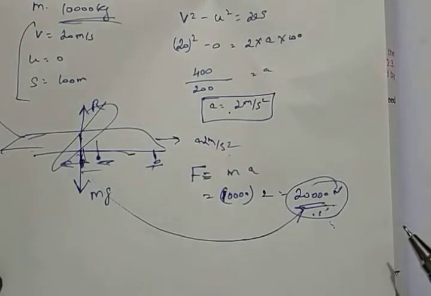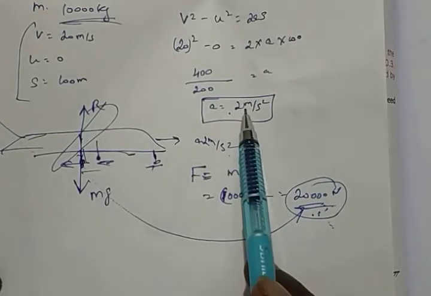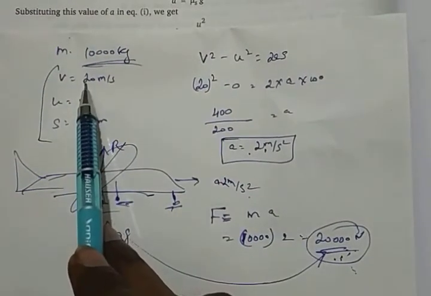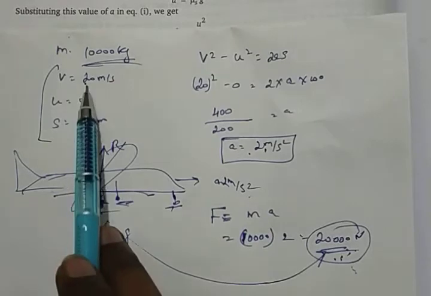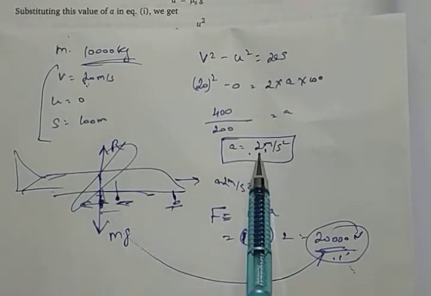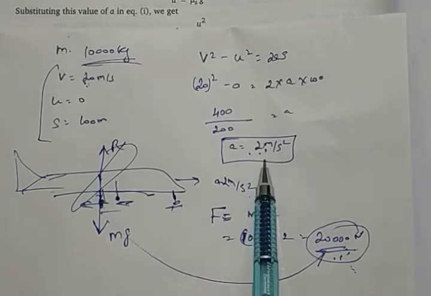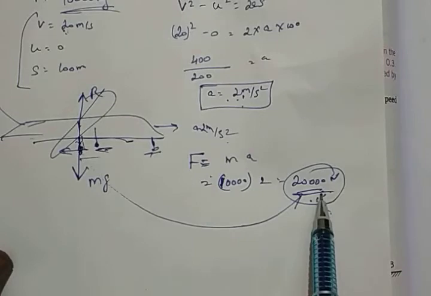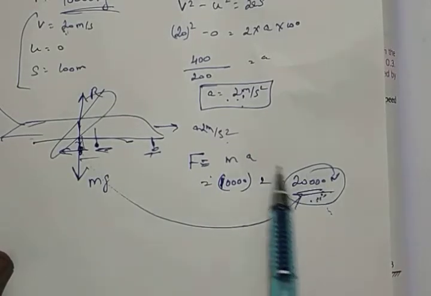I am again repeating. The minimum acceleration needed is 2 meter per second square, and it will be going at a velocity of 20 meter per second to take off. If it is 20 meter per second, it will take off. Acceleration is how much? 2 meter per second square. Now if 2 meter per second square is the acceleration, how much external force is required? It is 20,000 newtons. Now if you give this much, will the plane take off?